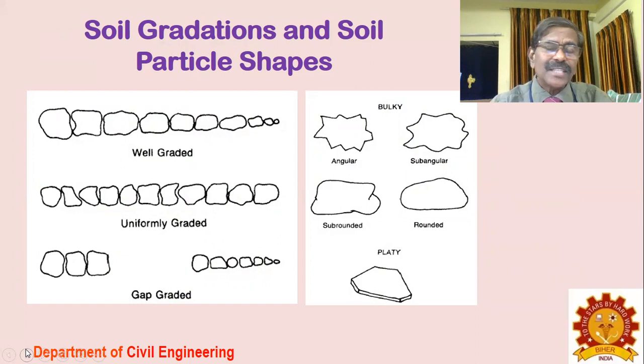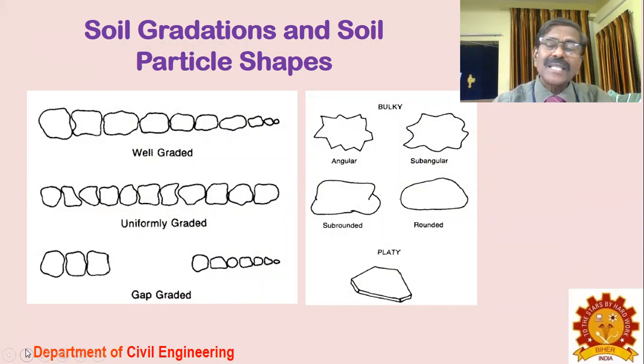But in a uniformly graded soil it is not such a distribution. The same size of soil particle is distributed in most places in the soil, maybe 70 to 90% of the soil, and they are called uniformly graded. So there are well graded, uniformly graded, and gap graded.